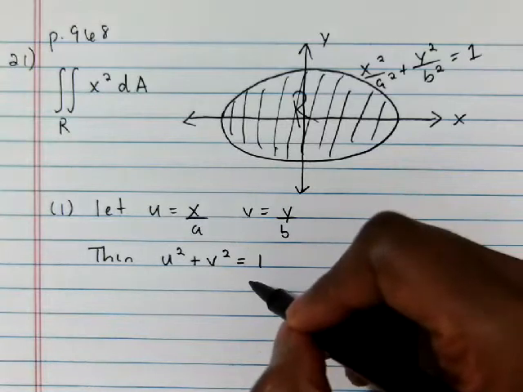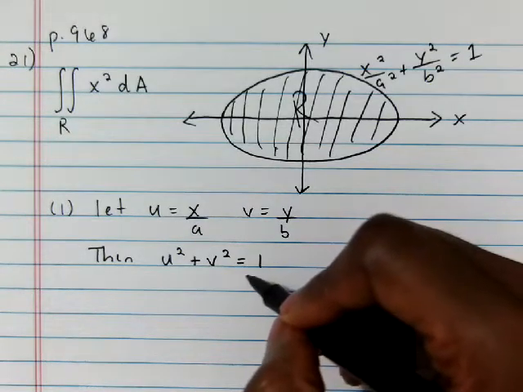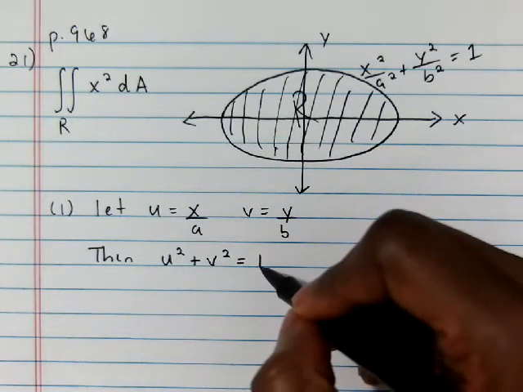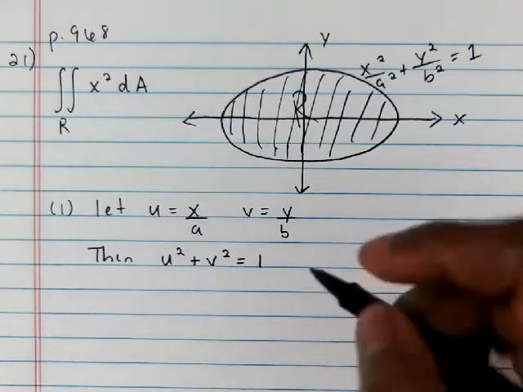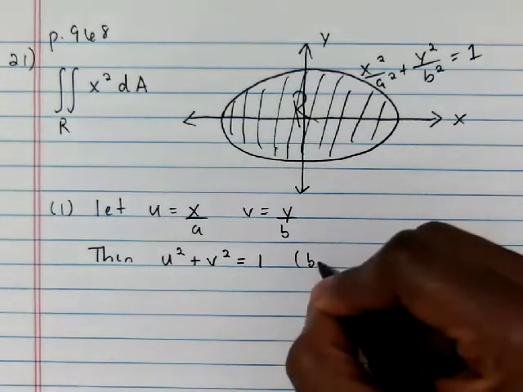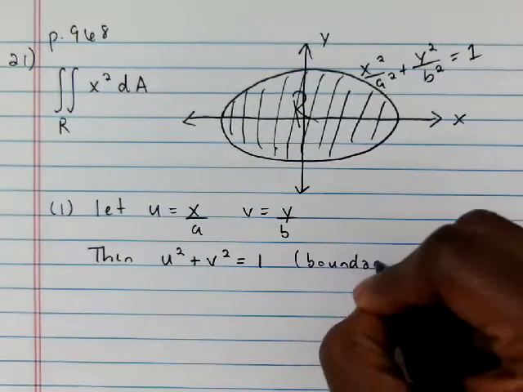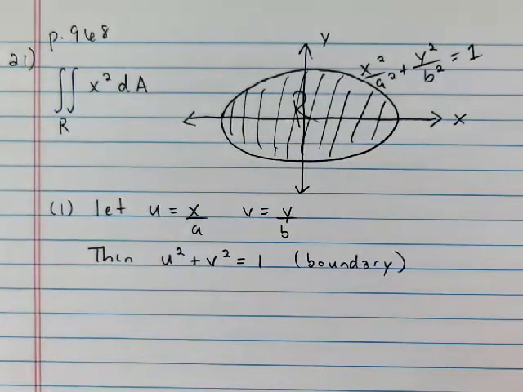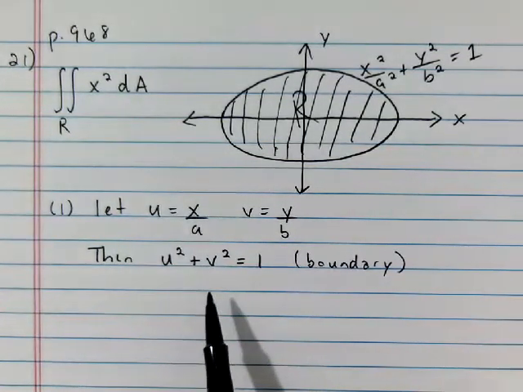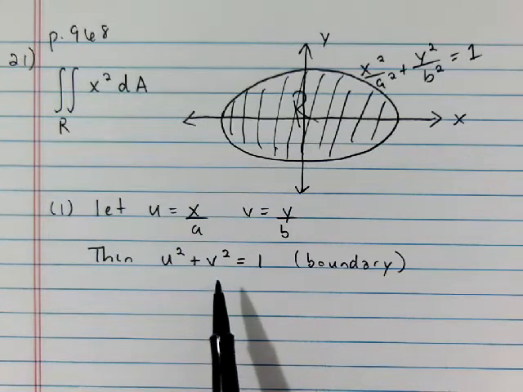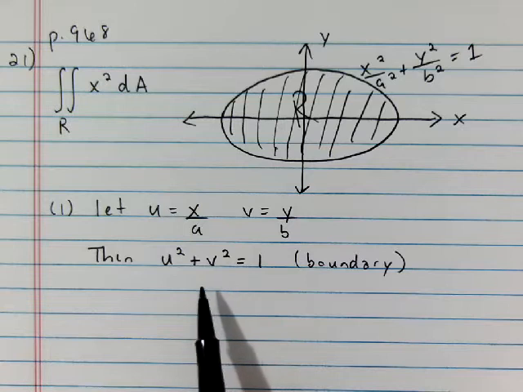And now in the UV plane, we have a circle of radius 1 centered at the origin, and we're very familiar with this. This is our boundary. So that's what we've been doing for all of these regions: we find the boundary of the region S in terms of u and v, and then we just shade that region S in. Same thing here.